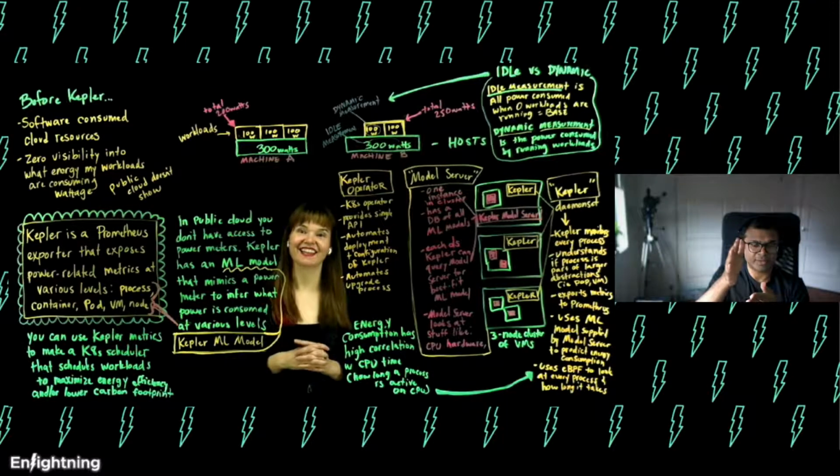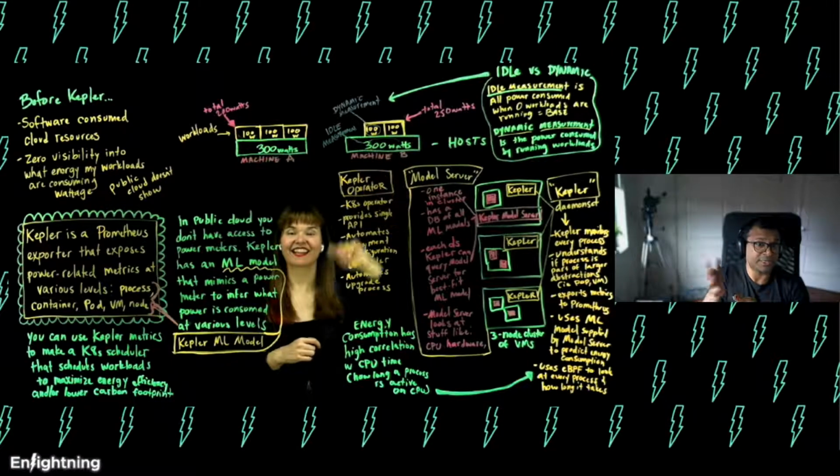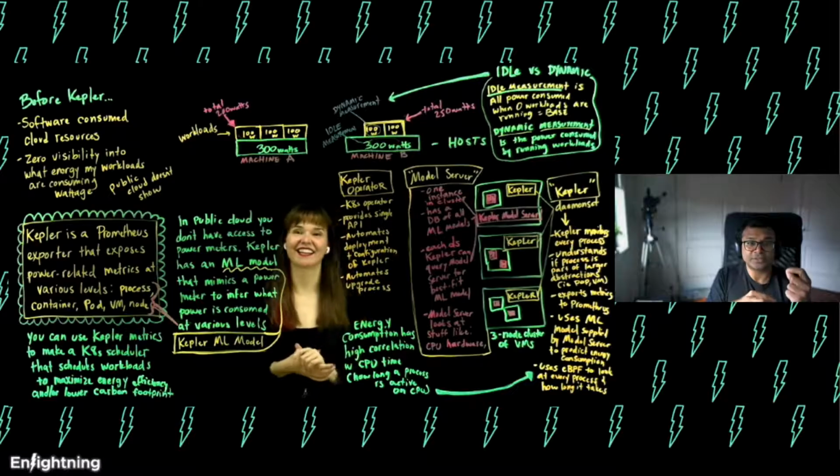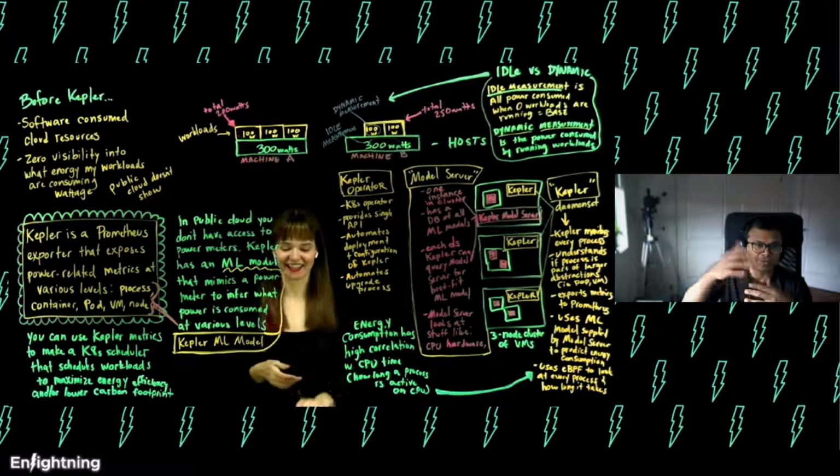But on machine B, you're still consuming 230, right? Which, if you measure, is less than 5% of the entire consumption you had earlier. So the dynamic and the idle give you the actual measurement of how much you've optimized or unoptimized.